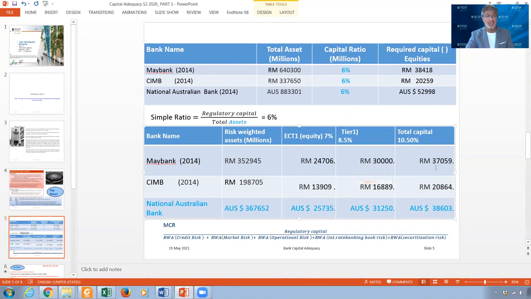But in the total capital, which is the requirement now of Basel, it is less. And National Australian Bank dropped from 52 billion to 38 billion in the total capital. This means it gets a lot of benefit in saving the cost of capital, because the required capital for National Australian Bank dropped dramatically.